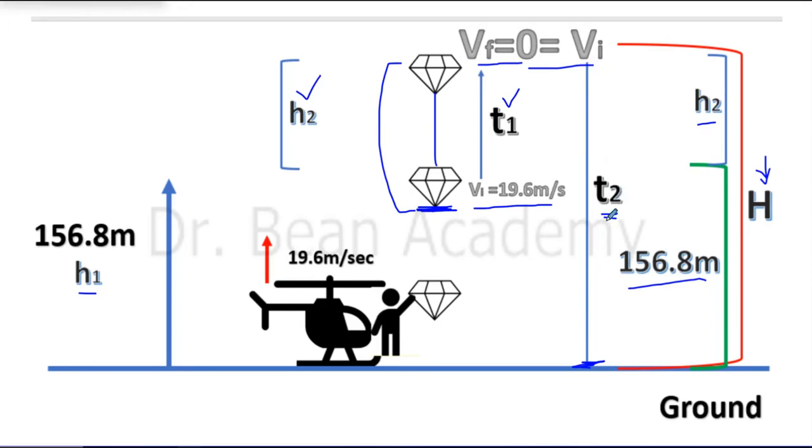It will take time t2 for the stone to hit the ground, and h is the maximum height, which is the sum of 156.8 meters, the height to which the helicopter had risen, plus the height h2 to which the stone itself rose because of the initial velocity given by the helicopter, because it was also moving up, and when it left, the stone had an initial velocity Vi of 19.6 meters per second.